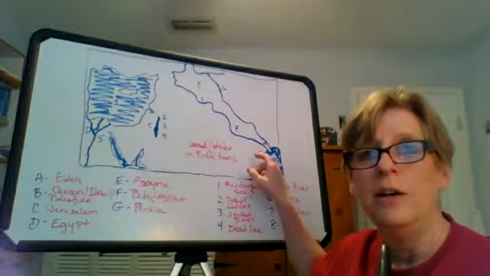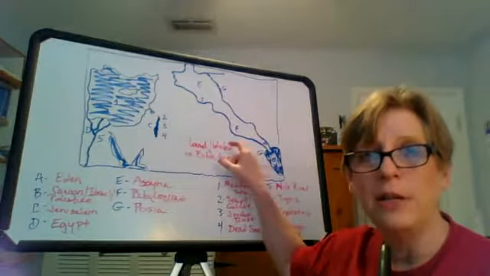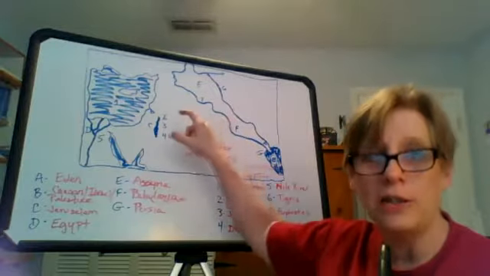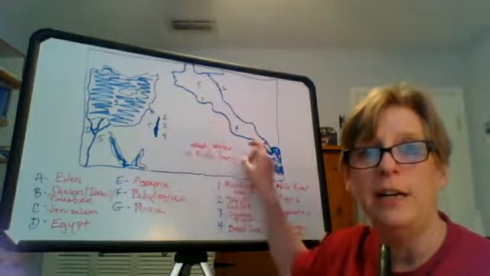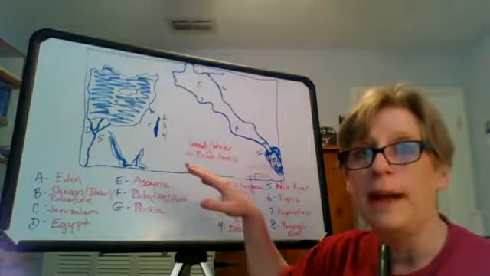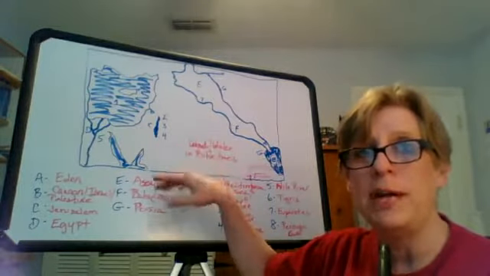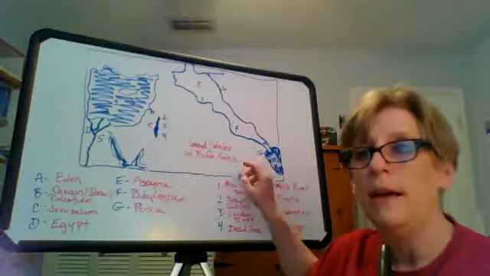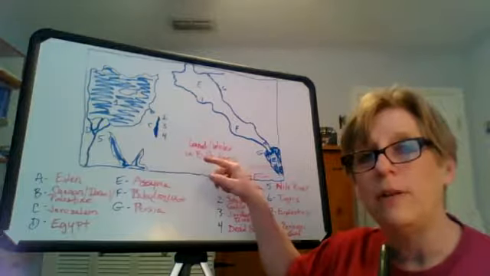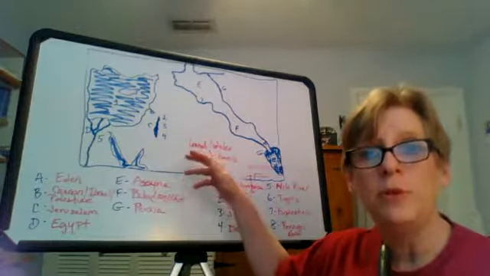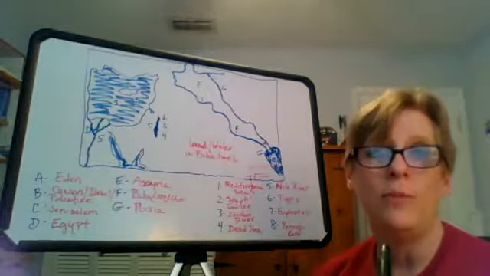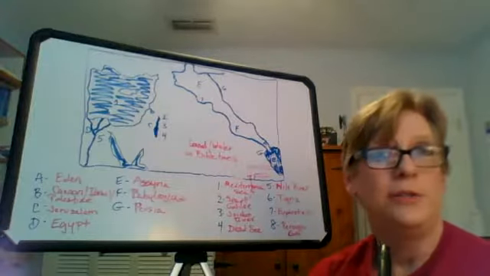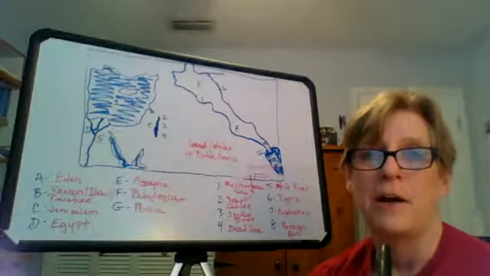When Persia conquers Babylonia, who had conquered all these people, Persia says, you can go back. Go back home if you want to. And of course, we'll read later on that some people do go back to Jerusalem and rebuild the temple. Others choose to stay because they got comfortable.